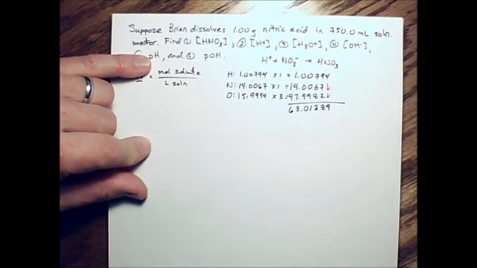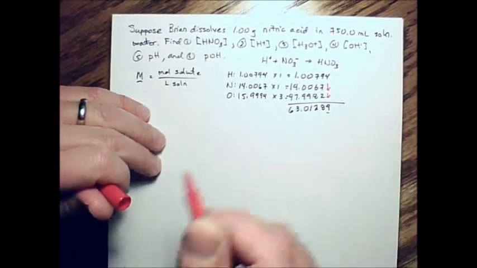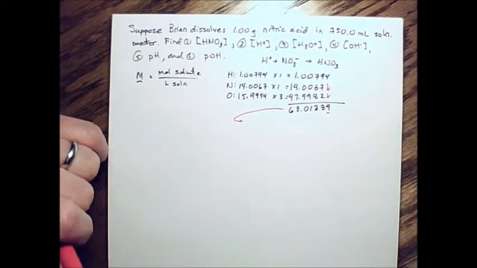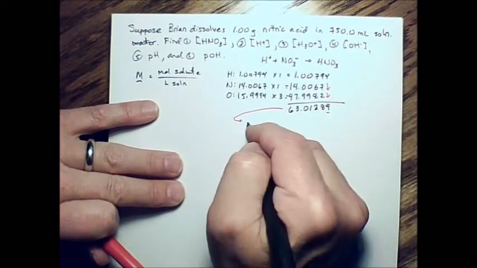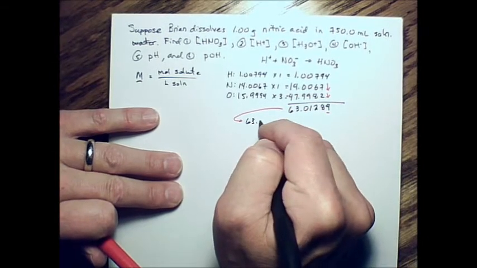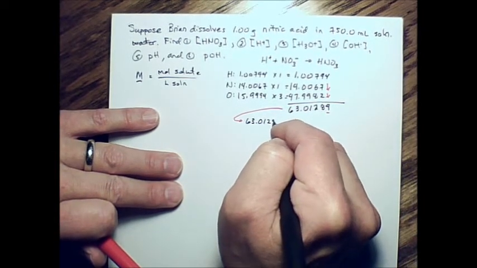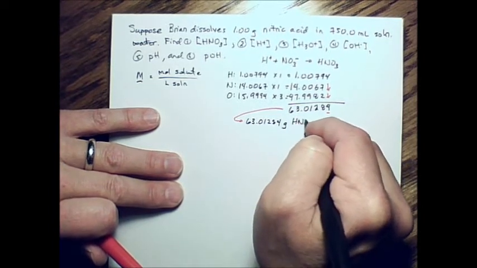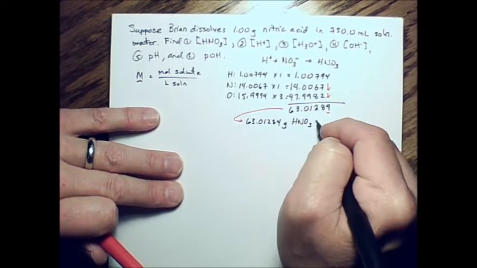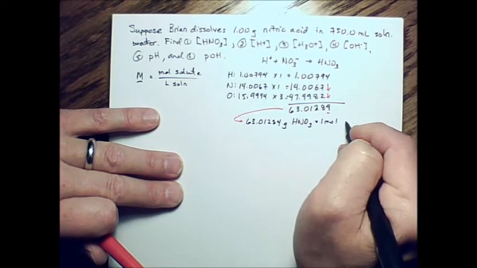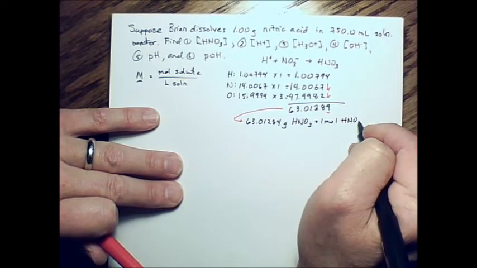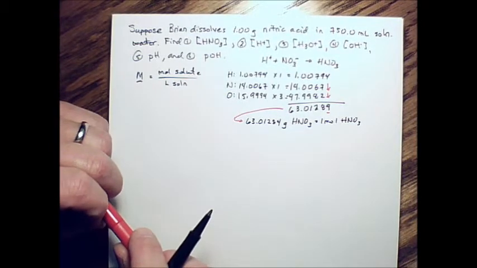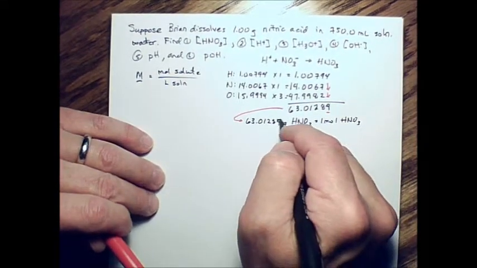We're going to round off this last digit, and we're going to get 63.01 grams of nitric acid is equal to 1 mole of nitric acid. Oh, that's right, we have to round that off. You're absolutely right. Good for you.